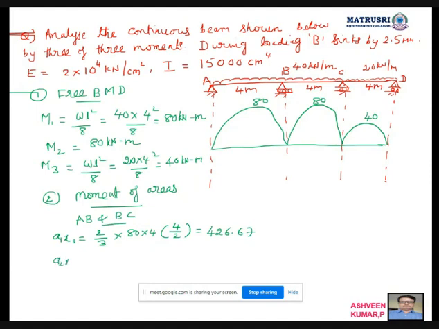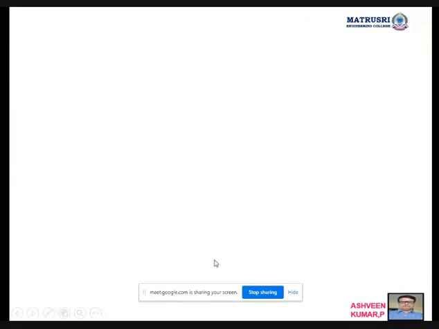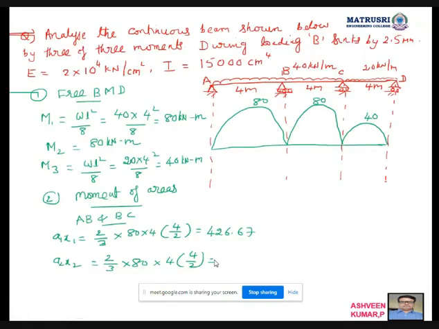A2 x2 is also the same, because it is the same parabola, everything is same. So 2 by 3, 80 into 4 into 4 by 2, that is 426.67. So I got AB and BC.